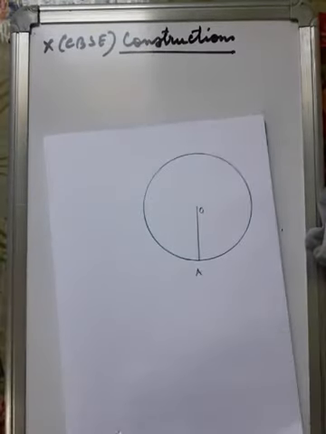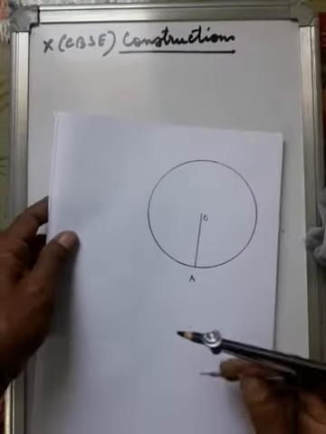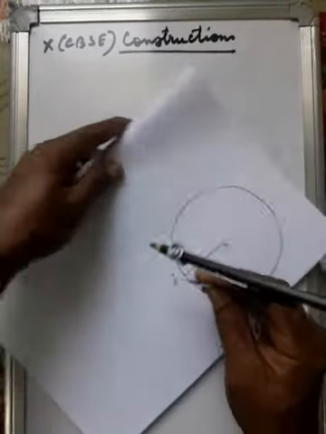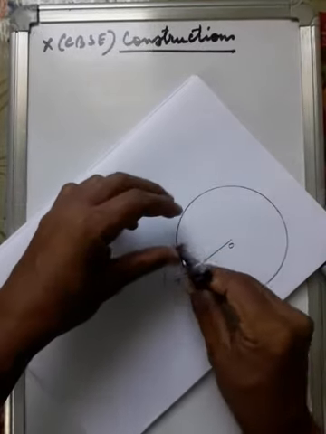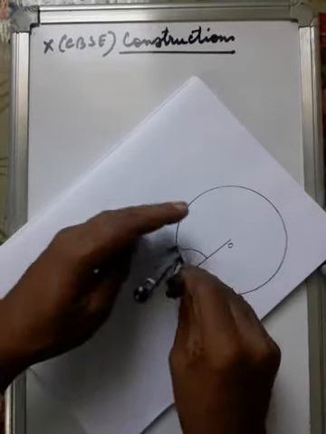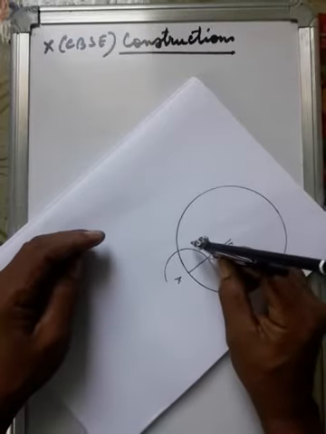Now at A draw 90 degree to get a tangent, because you know that radius is perpendicular to the tangent. So draw a line perpendicular to this line OA with A as center.